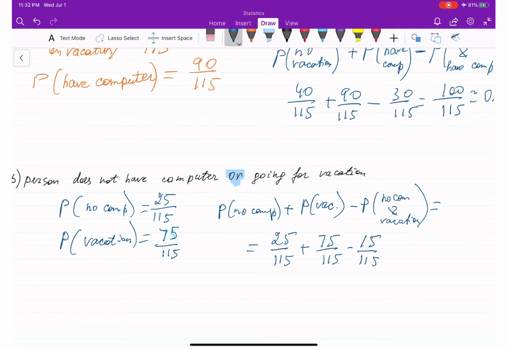Okay, 25 plus 75 is going to be 100. 100 minus 15 is going to be 85. 85 over 115 is approximately 0.74.